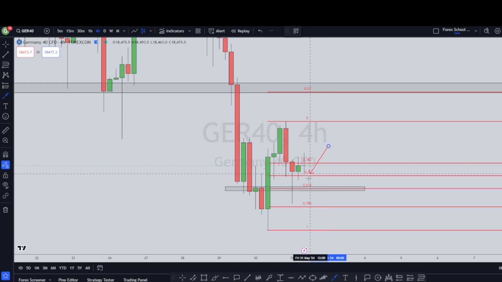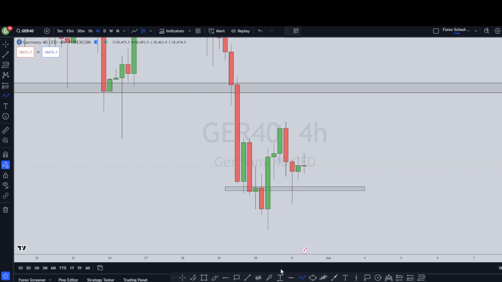And so it tested the confluence of this minor support area and the 61.8 golden Fibonacci ratio. Now, these two act as a strong support area, and we expect them to strongly reject this price and have it ascend back to the upside to complete the impulse, correction, impulsive move in the market on this 4-hour time frame.